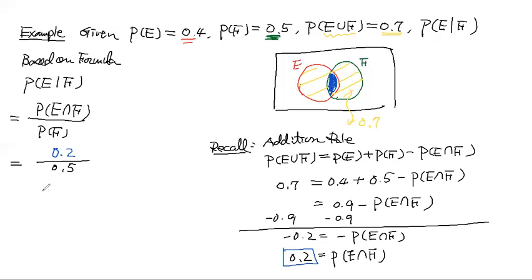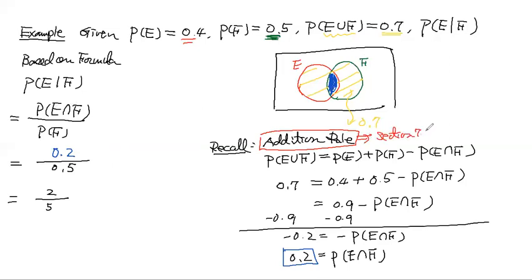So that's why this conditional probability is 2/5, or 0.4. When F happened, what happened to E? That's why you put the F in the denominator, then you need to find the intersection. So how do we find the intersection here? That's why we use the addition rule, which we discussed in section 7.4.